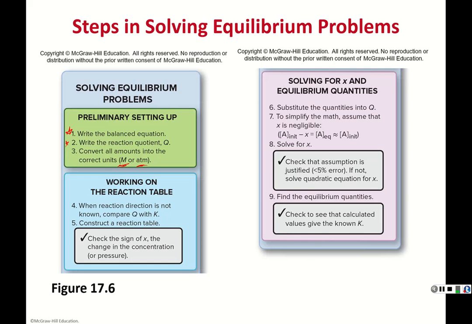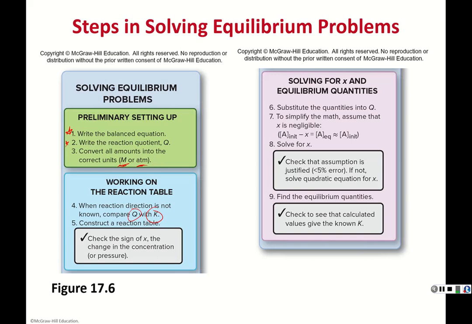Then you work on your reaction table. If the reaction direction is not known, you have to compare Q with K to determine which direction you're going. And then construct the table.